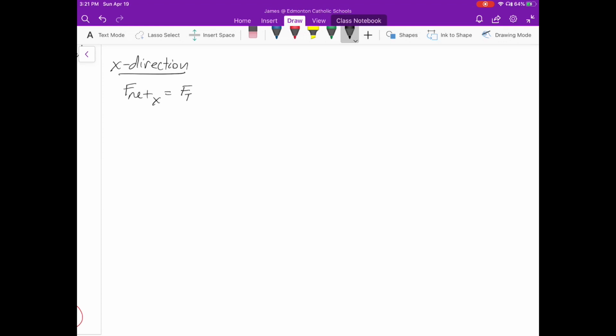One is to the left, that's FT1, and the other is FT2 x component. We know that the forces acting in the horizontal direction are balanced. Same thing with the vertical direction. So that means these two forces have to be equal and opposite. They have to cancel each other out.